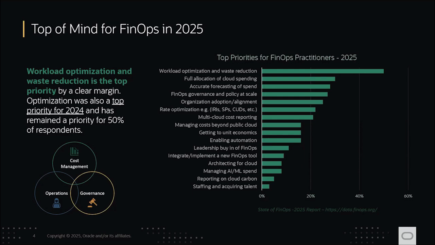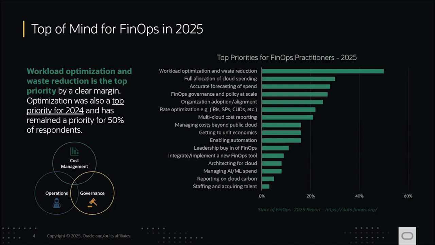So I think folks are still working on optimization and waste reduction, just trying to get the most value and price performance out of their investment. Full allocation, of course, is another one, where you're trying to get a level of detail down to whether it be a compartment or resource level. Anyway, I just wanted to share that to kick things off on FinOps.